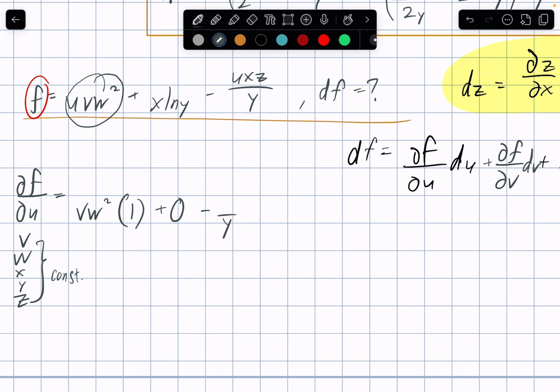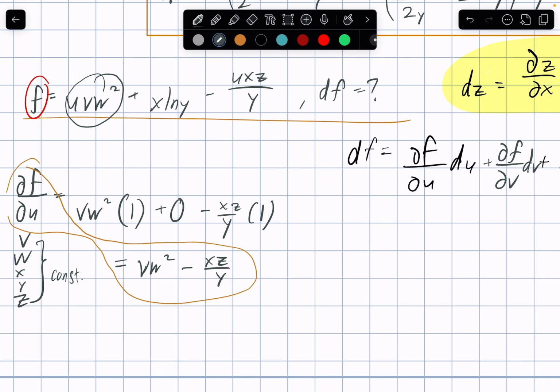X and z are also constants. So x, z over y separated from u. The derivative of u is going to be 1. So further simplify. This is what partial f over partial u is going to be.